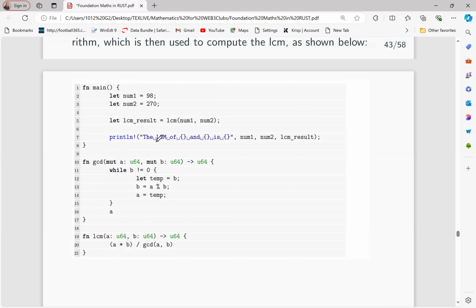Then it will print the LCM of this number and this number, and that's why you can see these 3 things here. This is the bracket for the first number, this is the bracket for the second number, and this is the bracket for the LCM.